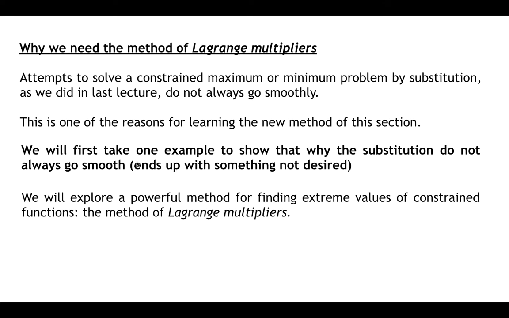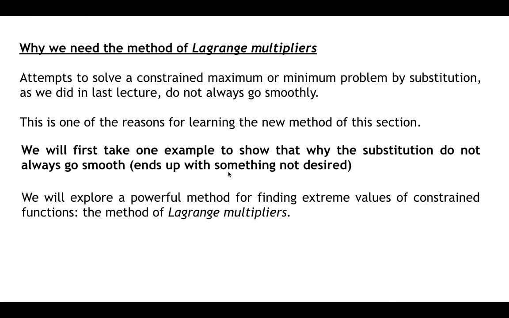First we'll take one example to show that sometimes the substitution does not always go smoothly, so we end up getting something that is not desired. Then we'll talk about this more powerful method of Lagrange multipliers and how we can utilize it to find the extreme values of functions having some constraint conditions.